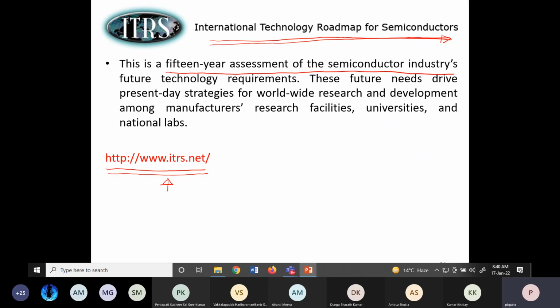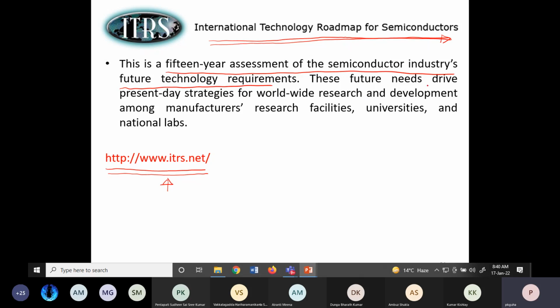Although this organization no longer exists, when it was functional, it was basically predicting what will happen 15 years down the line as far as the semiconductor industry is concerned. So it talks about the future technology. It talks about the present status of technologies, what are the future technologies, how to move and achieve there, and so on and so forth.